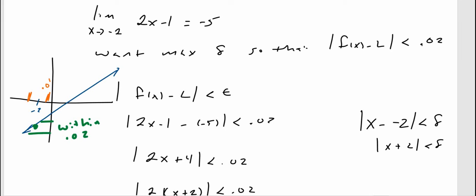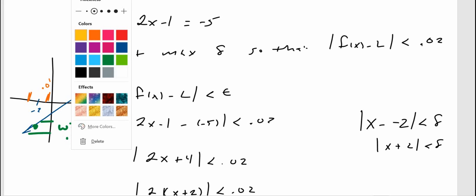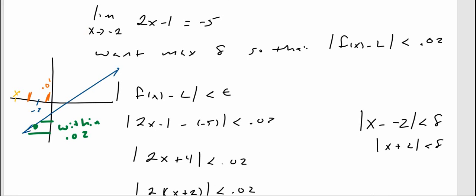But if the x-coordinate goes further out, so if that x-coordinate were out here, it would no longer be in this interval that I want. So the furthest out I could get from negative 2 and stay with my y-coordinates where I want them is to have the x move either left or right 0.01. And that's the furthest I could go.